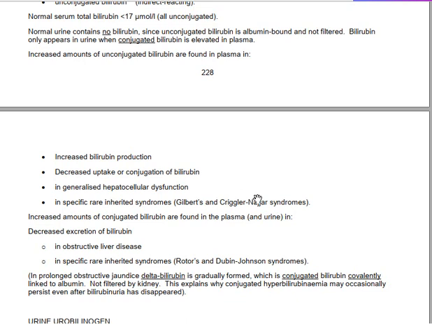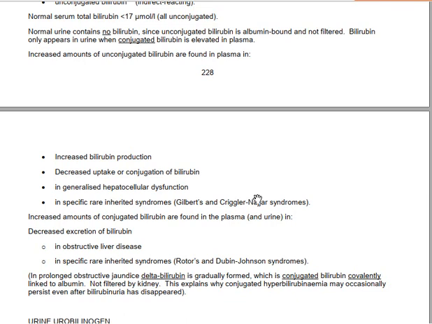Now, Crigler-Najjar syndrome is divided into two. We have Crigler-Najjar syndrome type 1 and type 2. Is it clear? Generally, Crigler-Najjar syndrome is a problem with conjugation. The unconjugated bilirubin cannot be converted to conjugated bilirubin because of the lack of the UDP glucuronosyltransferase enzyme.